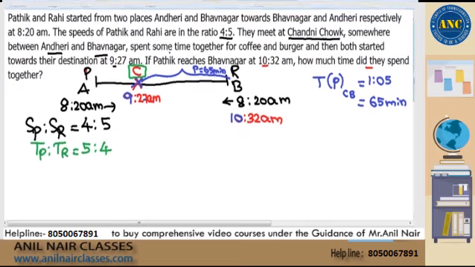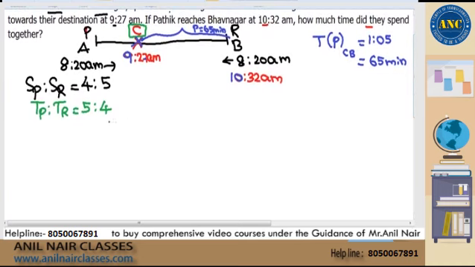Can I say that the time ratio is nothing but 5 is to 4? What is the meaning of 5 is to 4? Can I say that to travel from point C to point B, Patik is taking 5 units? That is according to ratio. According to ratio, Patik is taking 5 units to travel from C to B. According to the question, Patik is taking 65 minutes to travel from C to B. 5 into 13 is 65. 4 also multiply by 13. 4 into 13 is how much? 52 minutes.